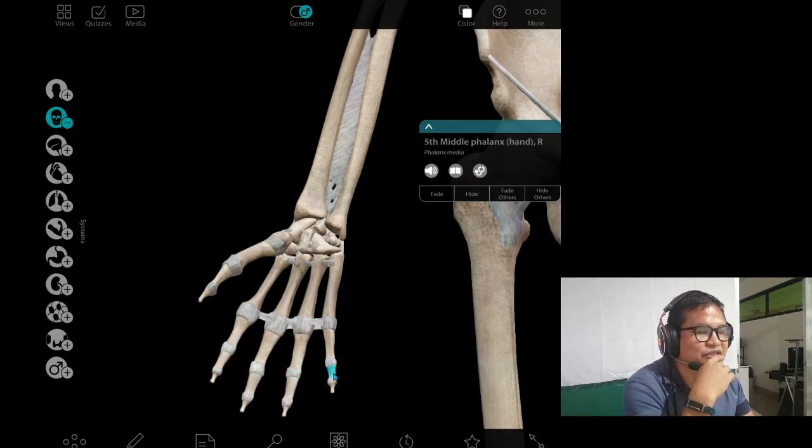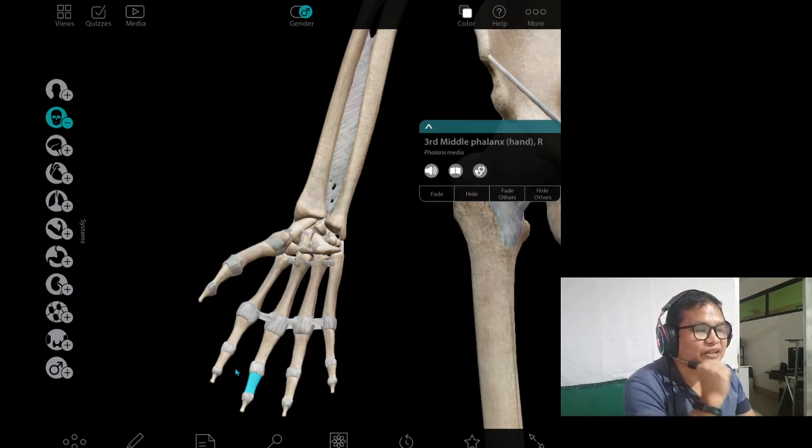What do you call that bone? You call that your intermediate phalangeal bone. That is in between your proximal and your distal interphalangeal bone.